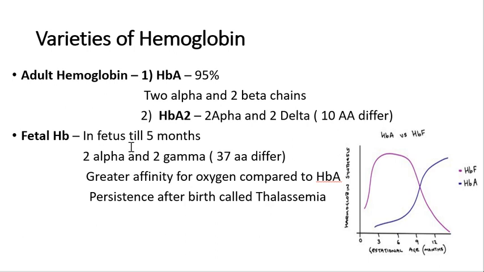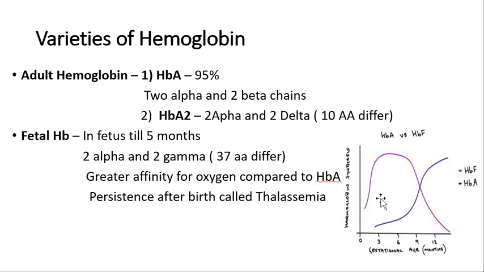Next is the hemoglobin present in the fetus till 5 months of intrauterine life. As you can see here, age in months is given, and this is gestational age: 3 months, 6 months, 9 months. At birth the HbF approximately disappears.